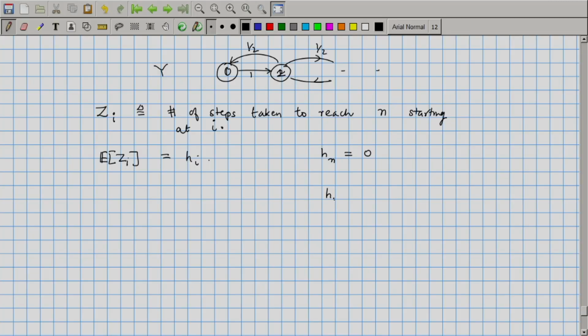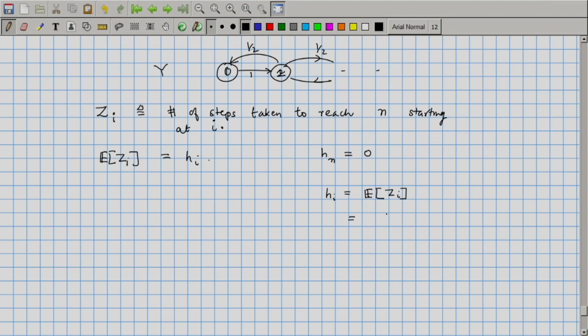Now, Hi is, by definition, the expectation of Zi. If you start your random walk at the ith step, with probability half you go forward and with probability half you come back.